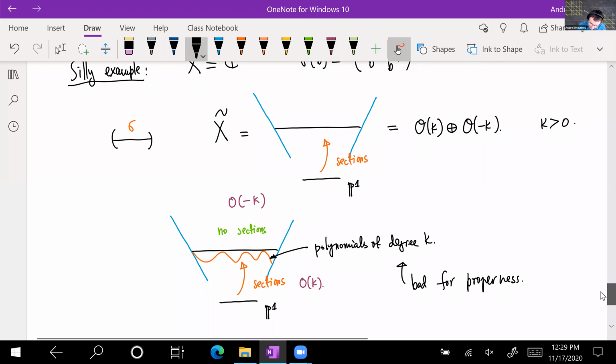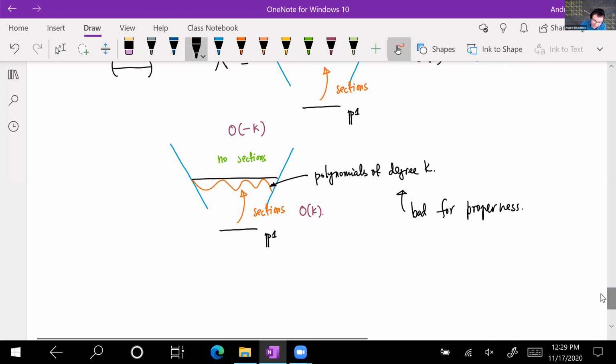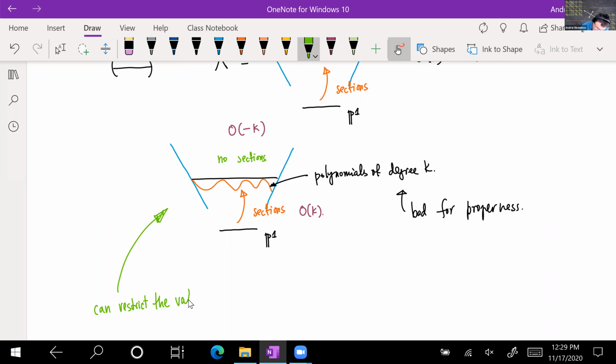Since we think of this as an operator, what we can do is restrict the values of the section at 0 and infinity.